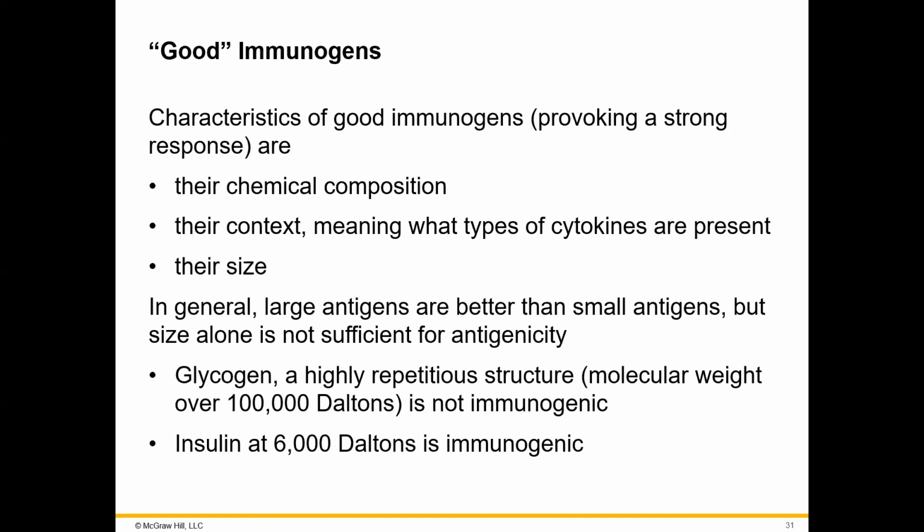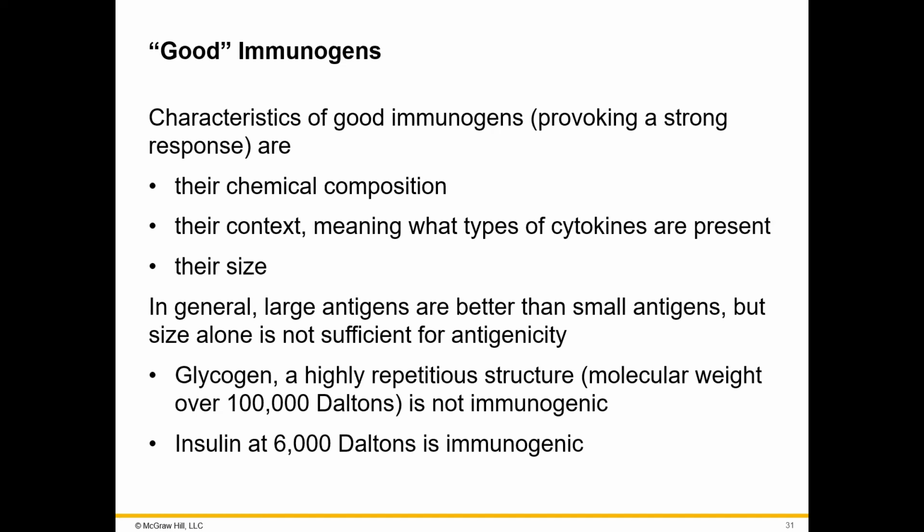Glycogen, for example, a polymer of glucose, has a highly repetitious structure. So it has a molecular weight over 100,000 Daltons, but it is not normally antigenic. On the other hand, insulin, which has a molecular weight of 6,000 Daltons, can be antigenic.